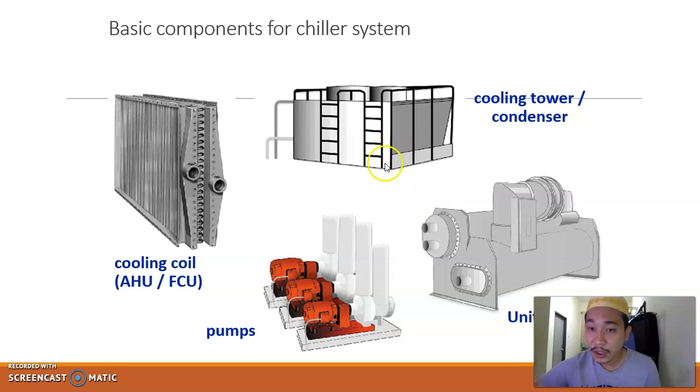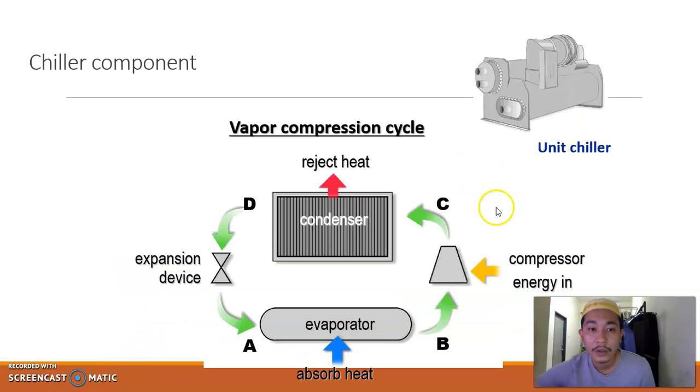Usually the cooling tower is located on the rooftop, and the chiller unit is located inside the chiller plant room, and we have the pumps. Please remember that the chill water pump pumps the chill water, the cool water, and the condenser water pump pumps to reject the heat to the cooling tower.